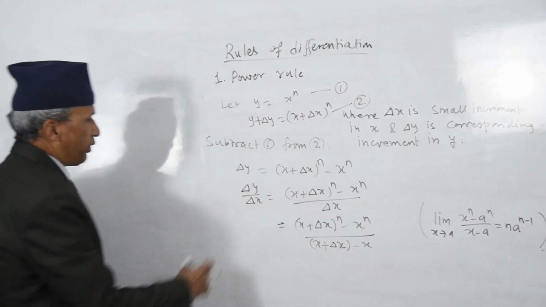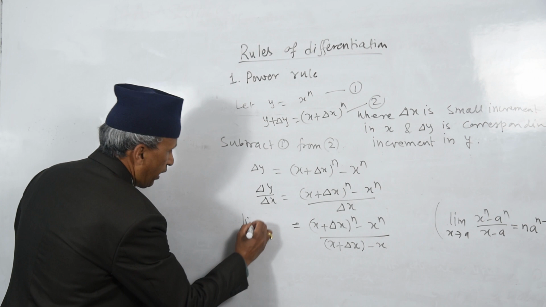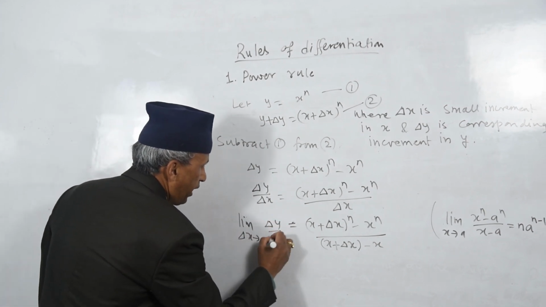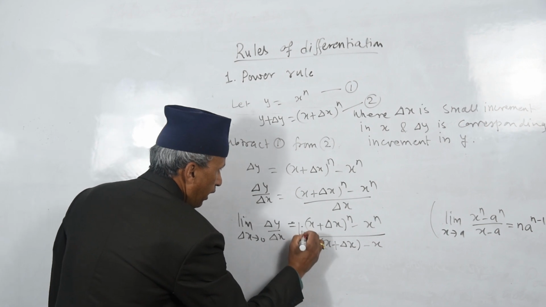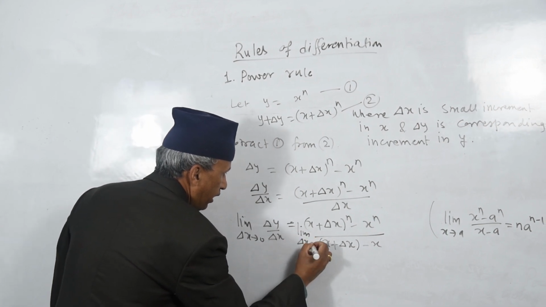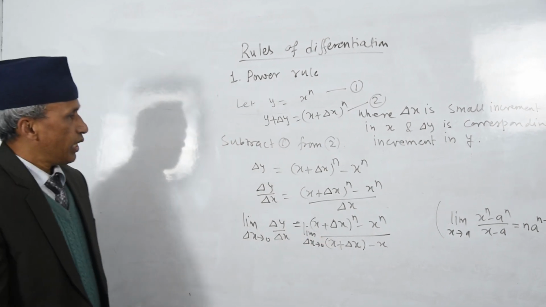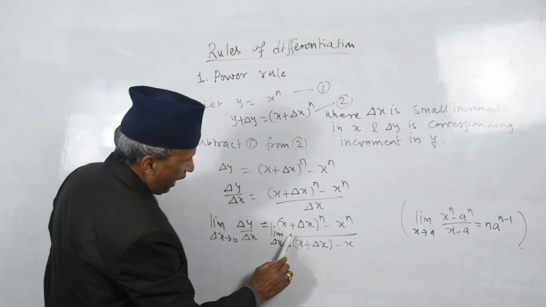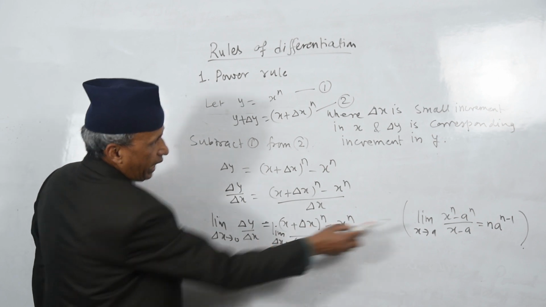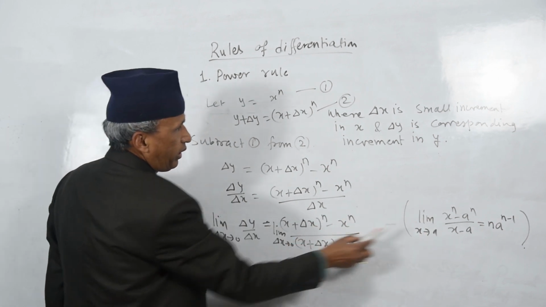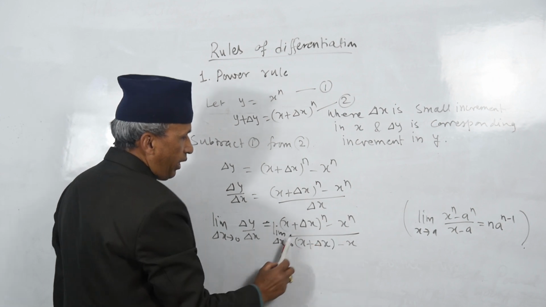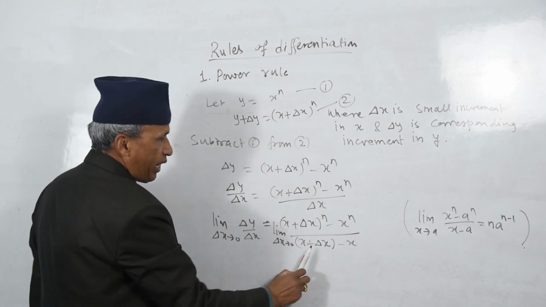So first I will write the limit as delta x tends to 0 of delta y by delta x, this value. These two are very similar: instead of a here, we have x, so x to the power n minus a to the power n by x minus a.